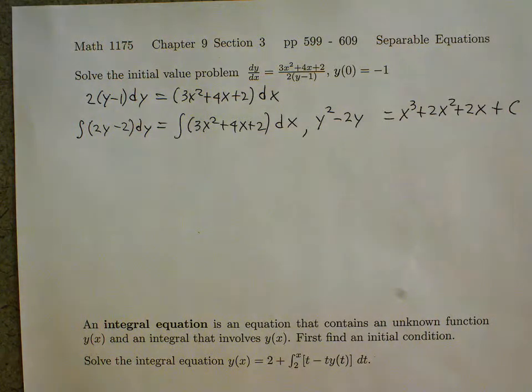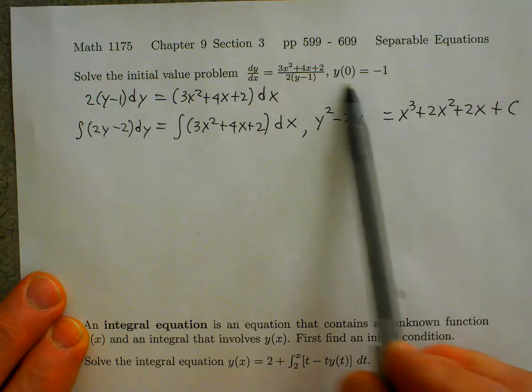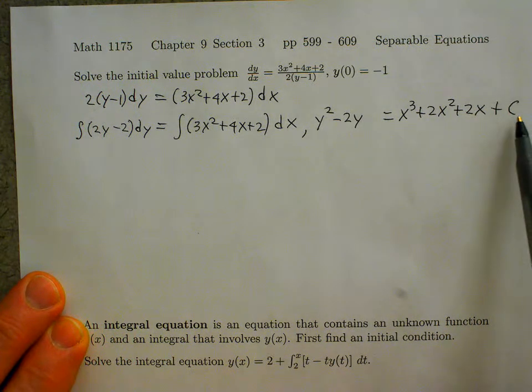Okay, we want to solve for y, so now what do we do? On the left-hand side, we have y to the second minus 2y. Before solving for y, let's use the initial condition to determine what the value of c is.